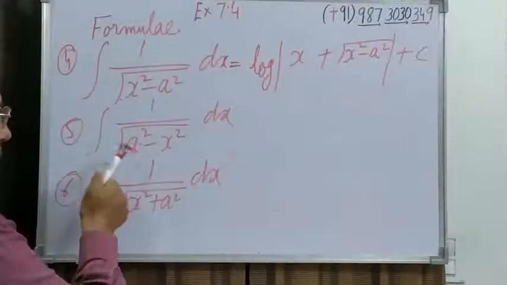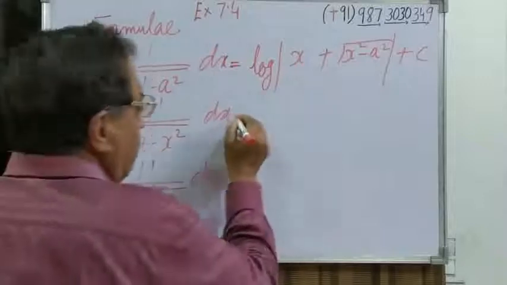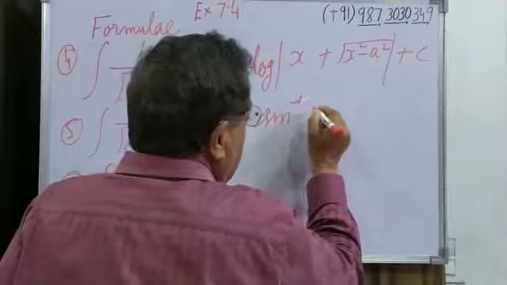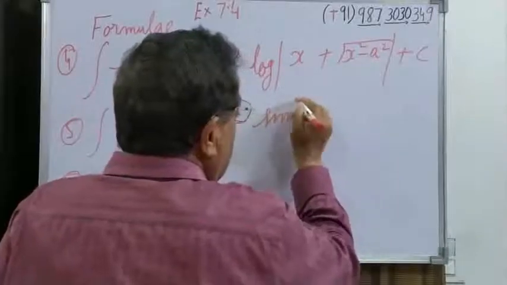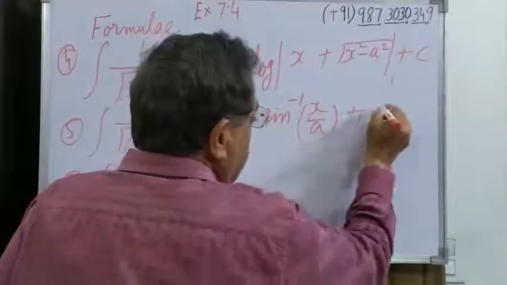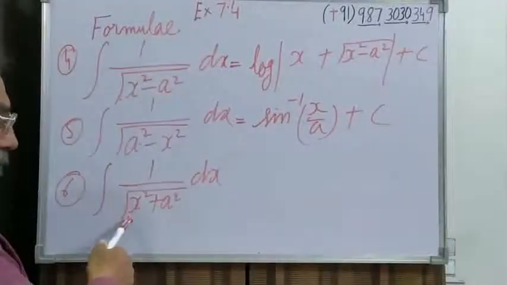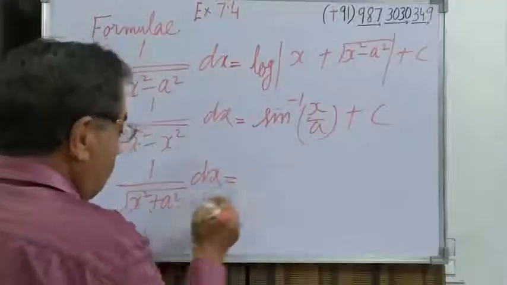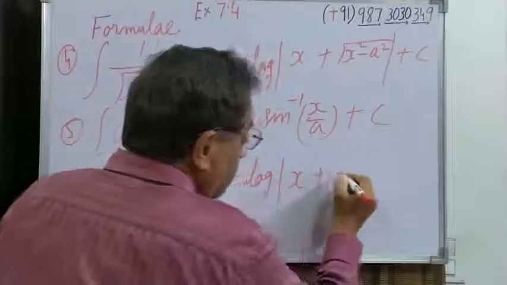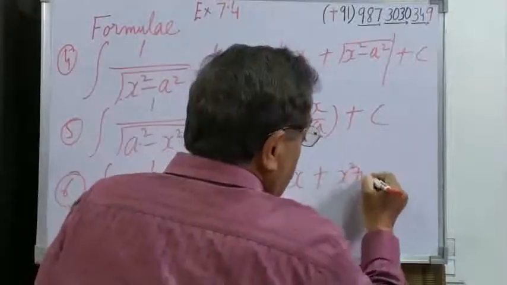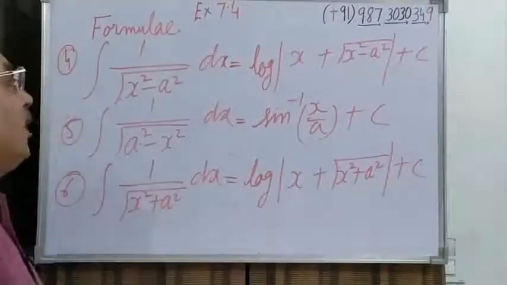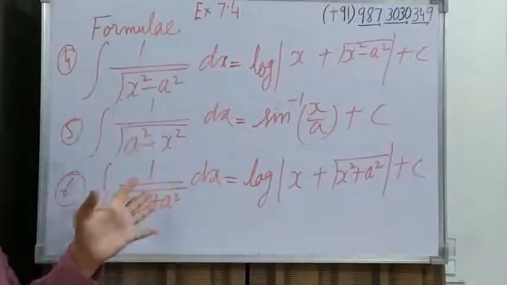And whenever we come across a square minus x square under the root, that is equal to sine inverse x by a plus c. And the third one is again log of x plus the square root of x square plus a square, plus c. So in this way, these three types we have covered.